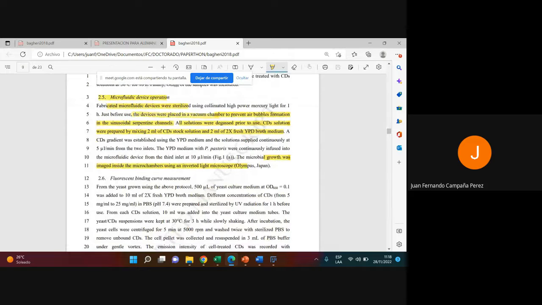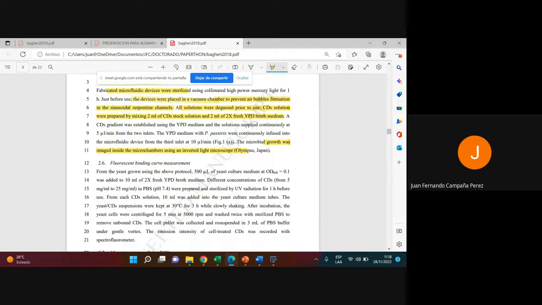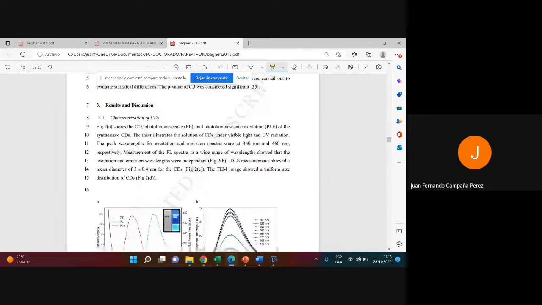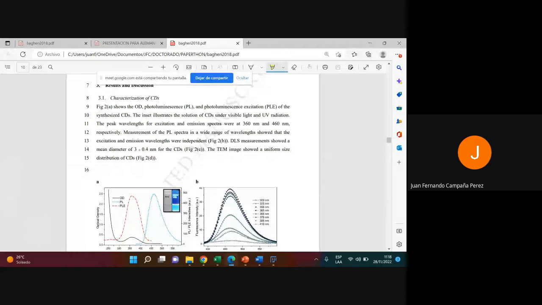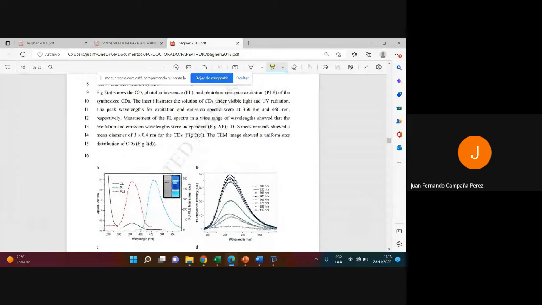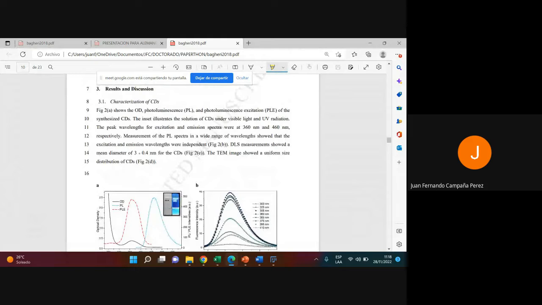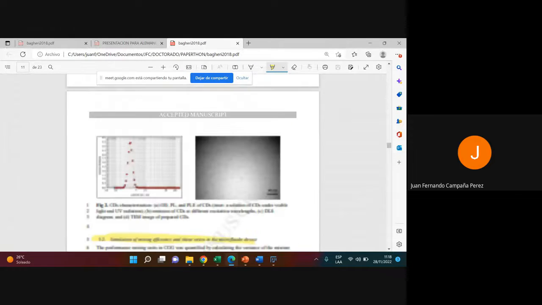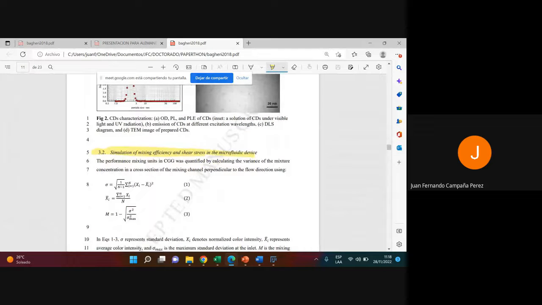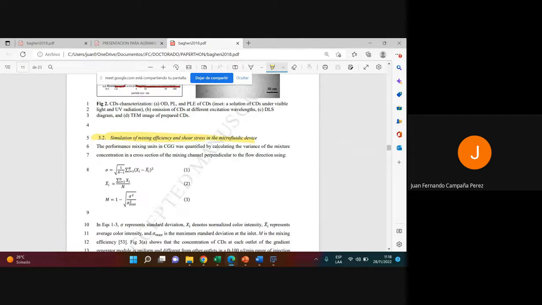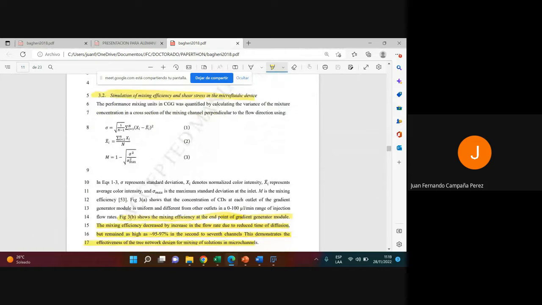And they test the microfluidic device operation to perform these assays. In the results, the characterization of the carbon dots, they used these images with the TEM, and after that they also perform a simulation of the mixing efficiency and the shear stress in the microfluidic device.